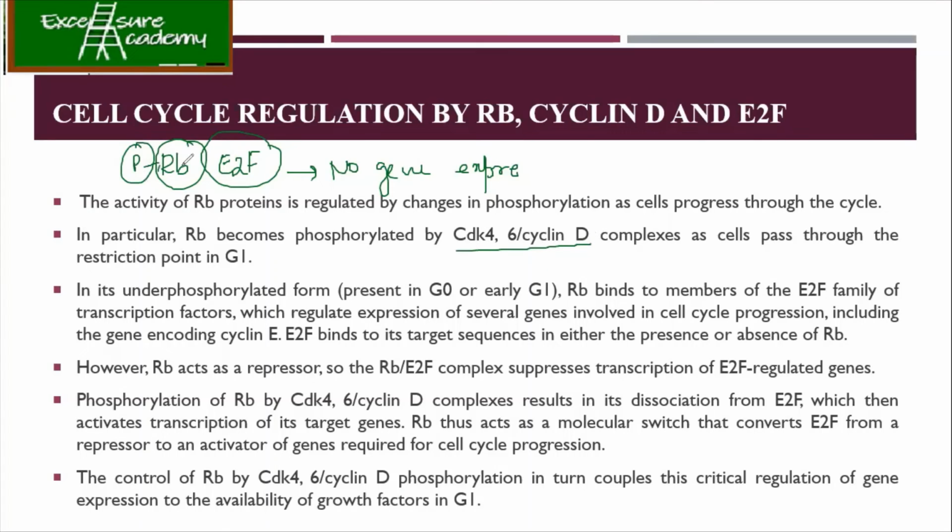Once it's phosphorylated, RB undergoes a conformational change and dissociates from E2F. Now E2F is free. It will result in gene expression. So RB acts as a molecular switch, which converts E2F from a repressor to an activator so that the genes required for cell cycle progression are synthesized.